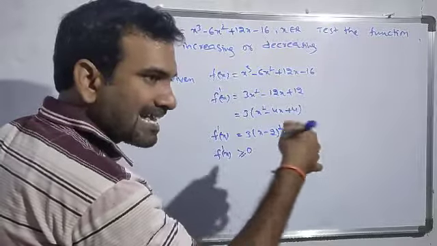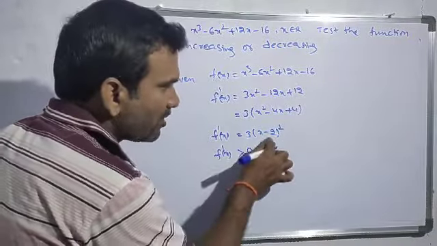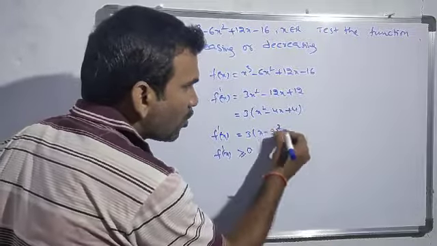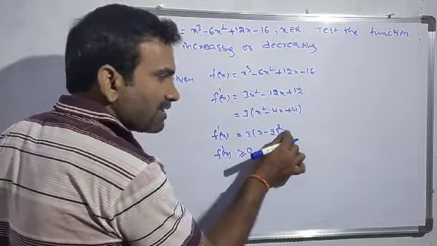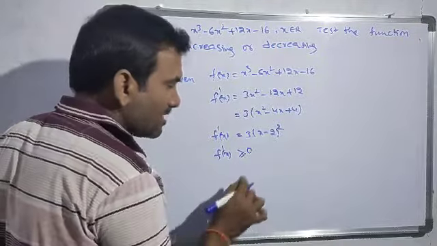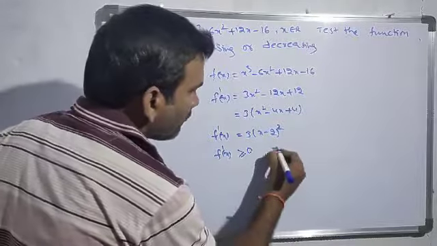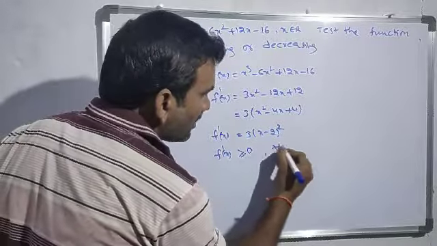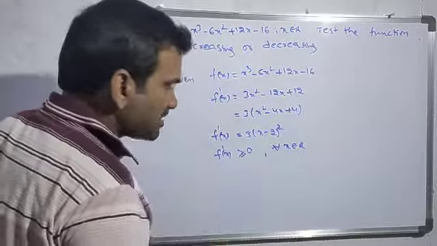For any x belongs to R, f dash of x is greater than or equal to 0, because here we have the whole square. We are getting the positive value, so f dash of x greater than or equal to 0 for all x belongs to R.